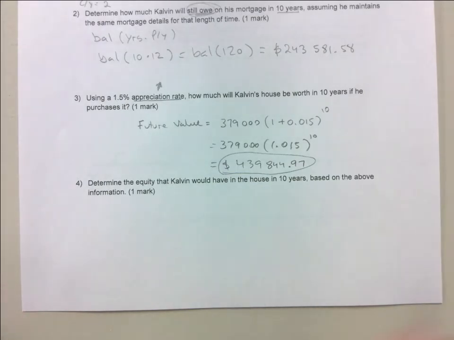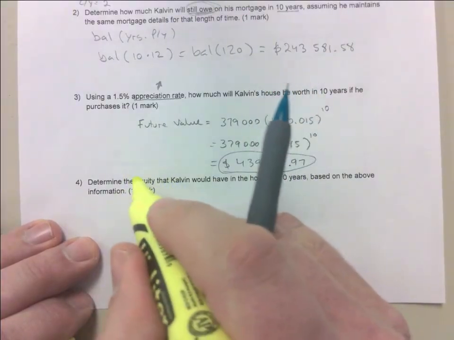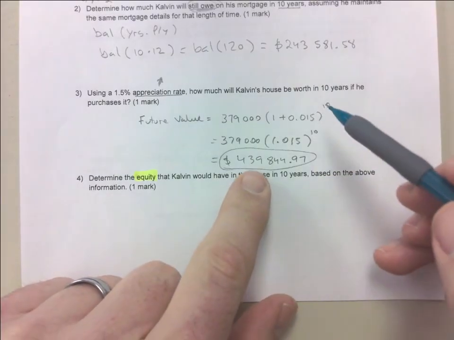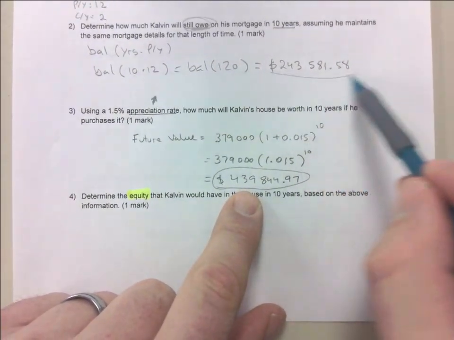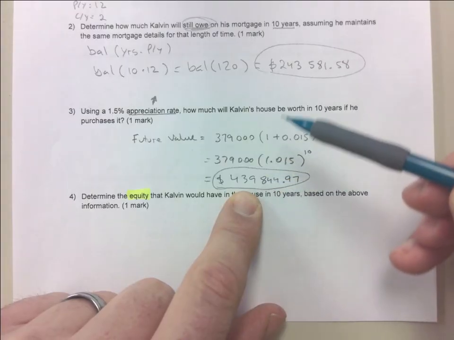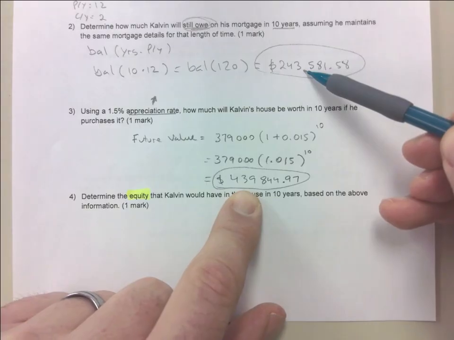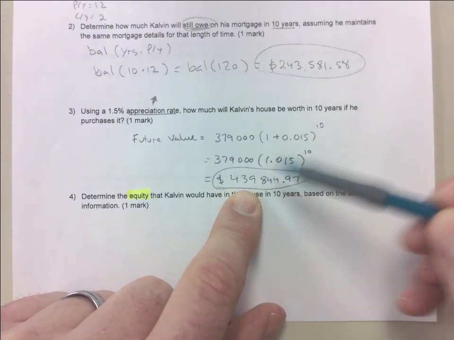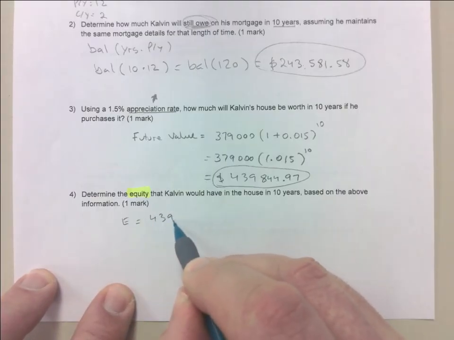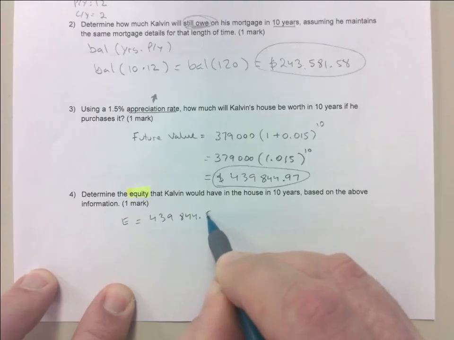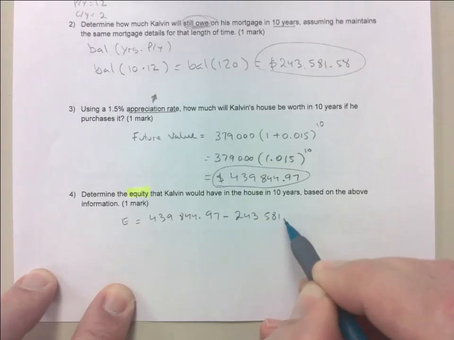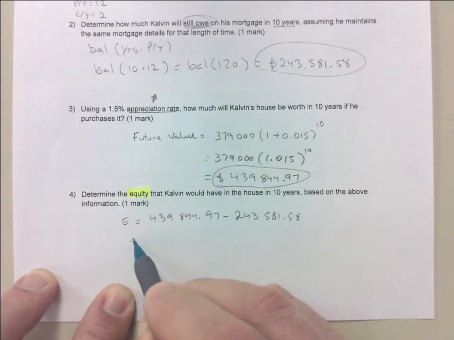It says here, determine the equity. I've built this up for you nicely, so you didn't have just one long formula. To find the equity, we'll just take what it's worth in 10 years, minus what we owe in 10 years. Okay, we know both of these already. So equity is 439,844.97 minus 243,581.58.